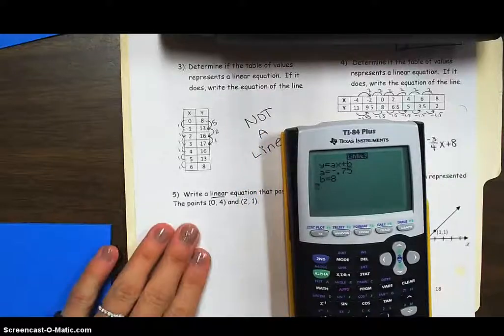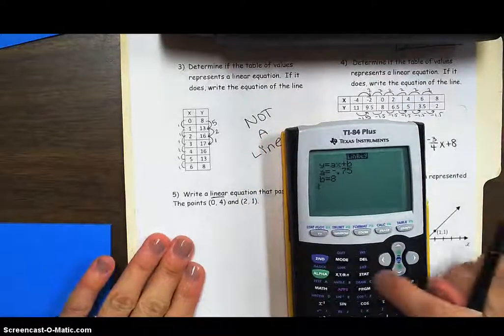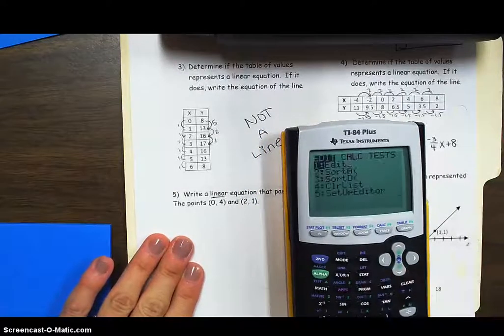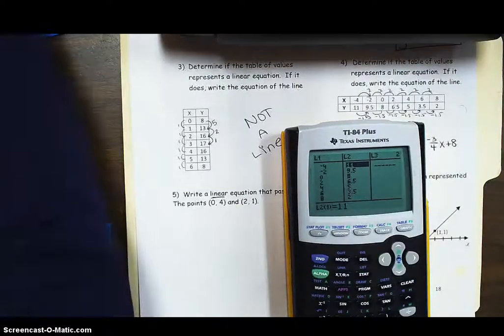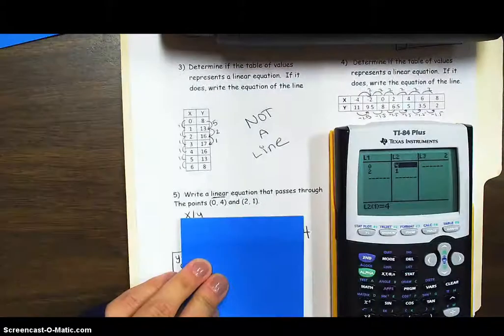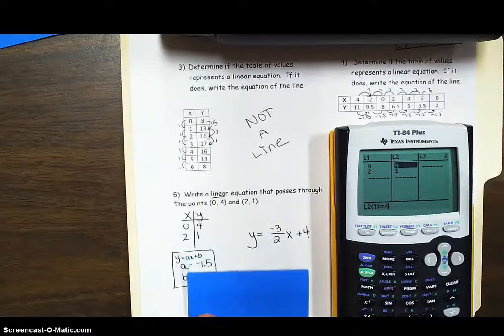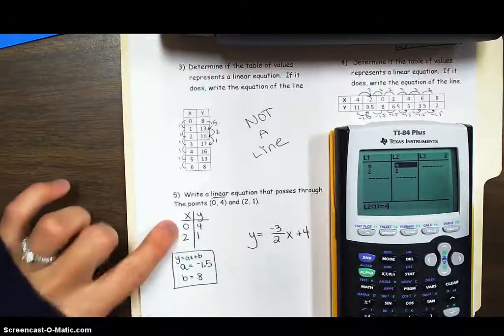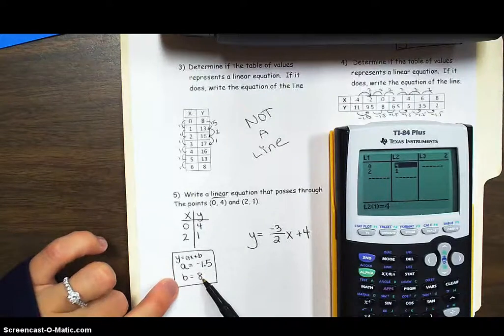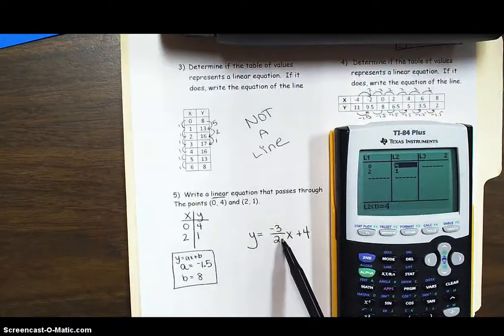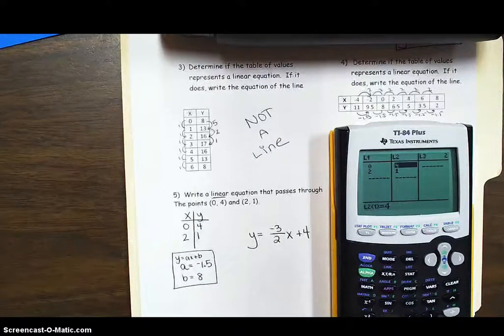So what I'd like you to do right now is totally on your own. Go to Stat Edit, input your 2 points and find your linear regression. All right, so let's take a look and see how it went. When you put it in your table of values, make sure you have your points in there correctly. We get A is negative 1.5, B is 4, which transfers to negative 3/2x plus 4.